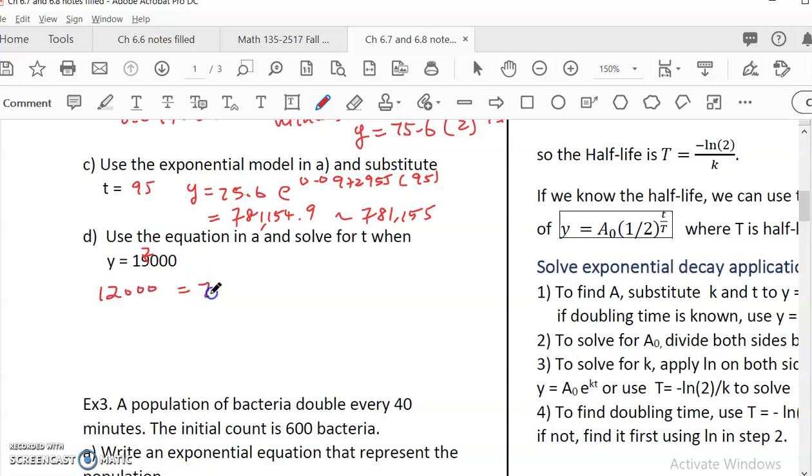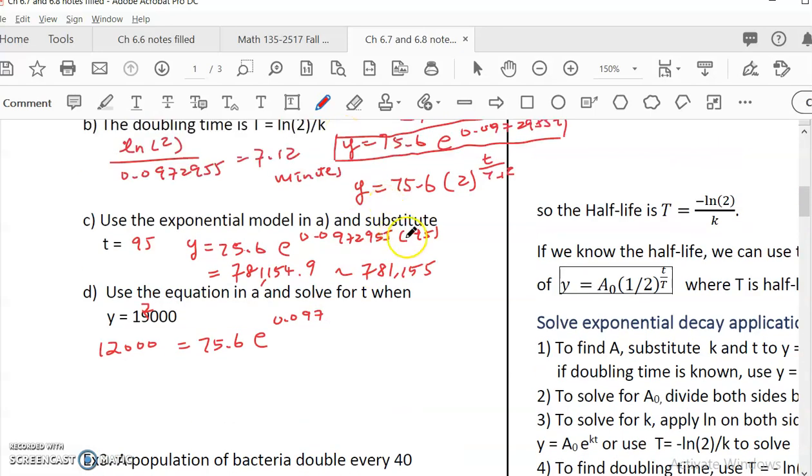And my initial is 75.6 times e to the 0.0972955 times t. We don't know what time it is to get 12,000. To solve for t, clean up the 75.6.